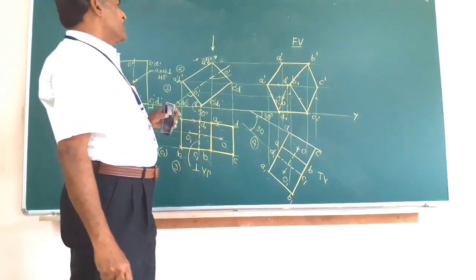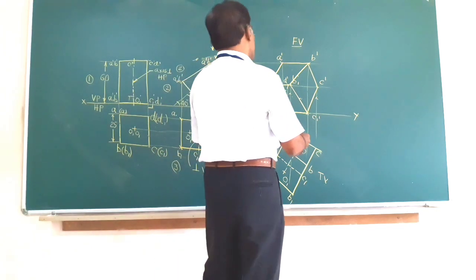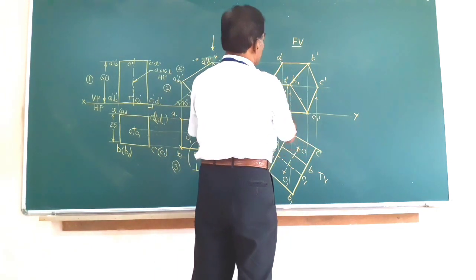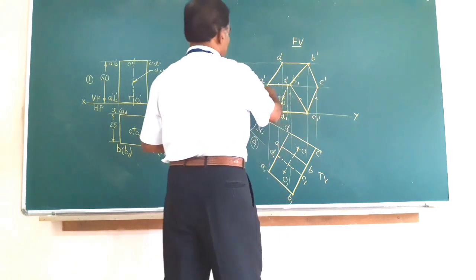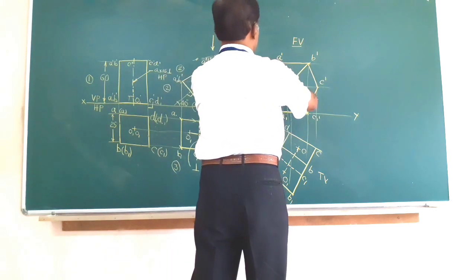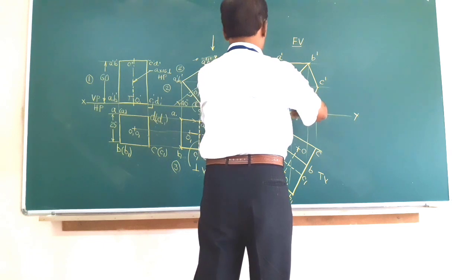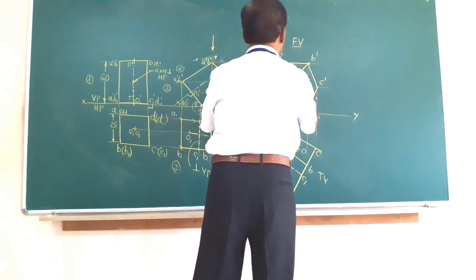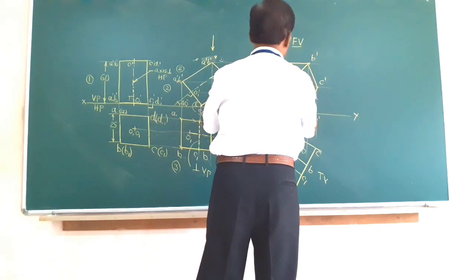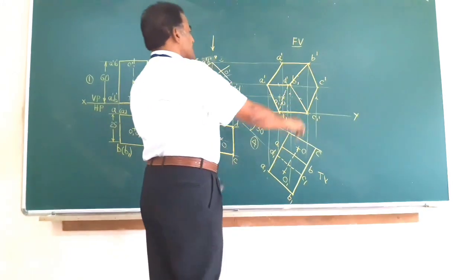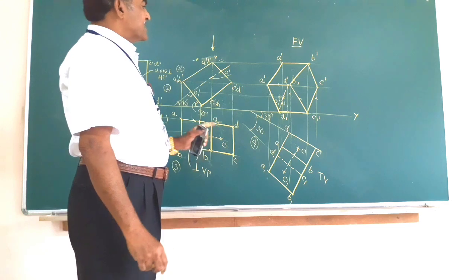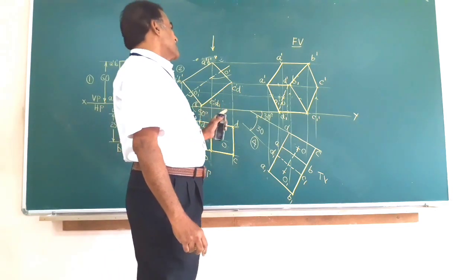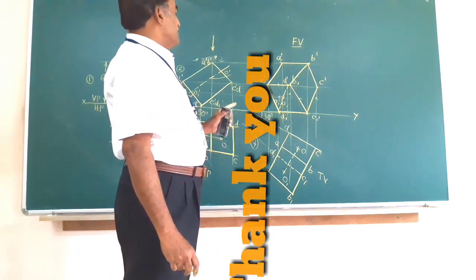In the front view, you can see all this. So A, B, C, D, A1, B1, C1, D1 are visible, whereas the other edges are not visible. So you can show this CC, CD. Now this represents the complete solution for the problem, and also it satisfies all the requirements given in the question.